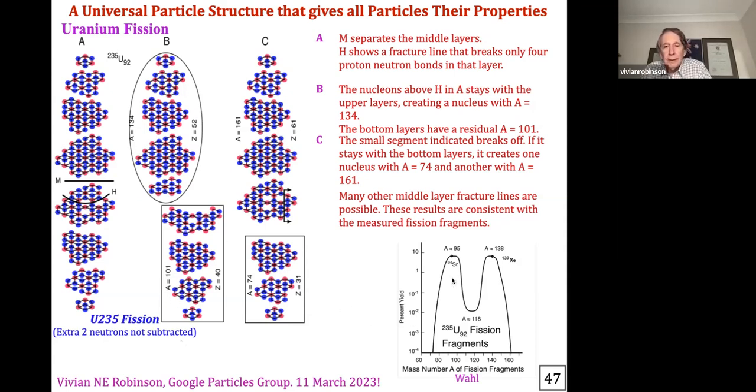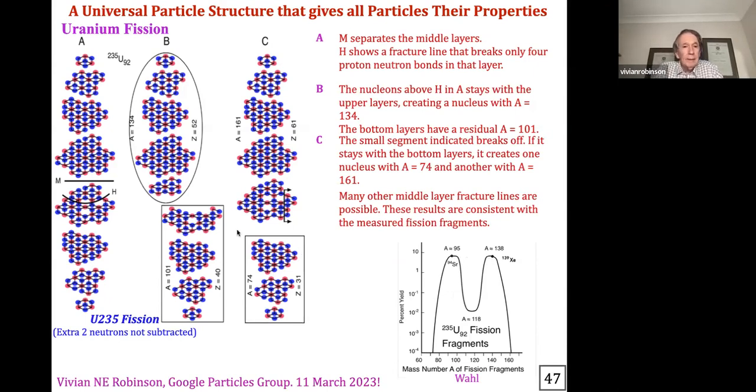If we look at the mass numbers of fission fragments presented by Weil, well, 101 is near the top, and 134 is pretty close to near the top.